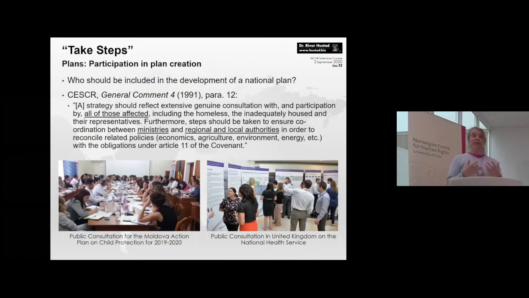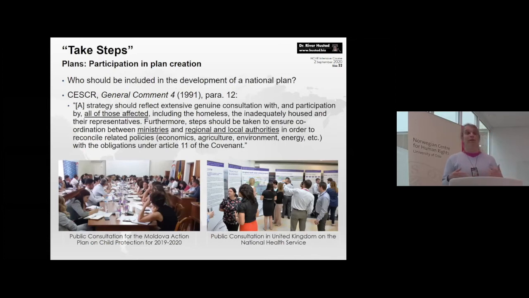And in the creation of these plans, there is also an obligation of participation. So who should participate in the creation of these plans? The committee says in its general comment 4, all of those affected.